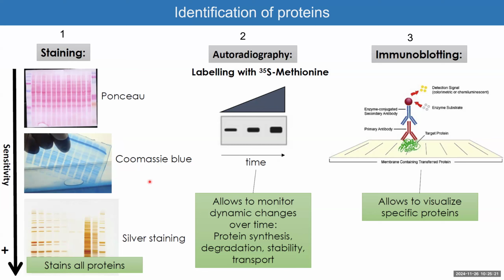Each of those has different applications. Or we can transfer those proteins from the PAGE gel onto a nitrocellulose membrane, which is like a piece of paper. One day when you are in a lab, you will directly see that this is just a piece of paper that allows the protein to be retained. So we can transfer all those proteins onto the membrane.